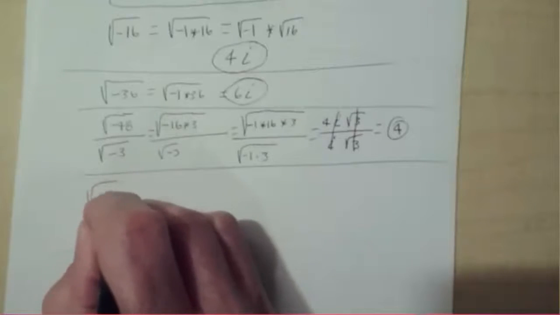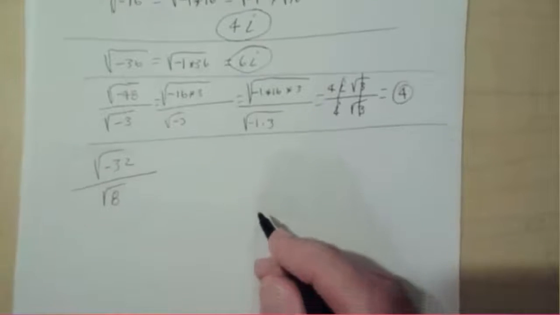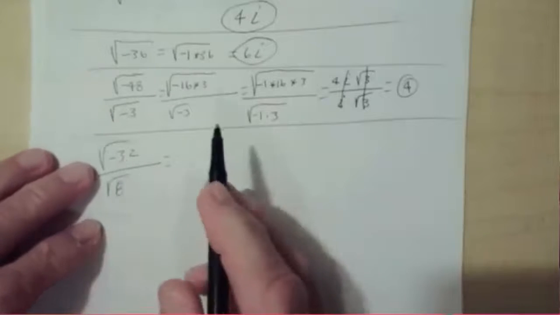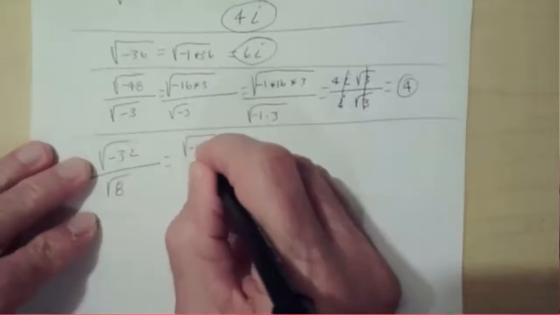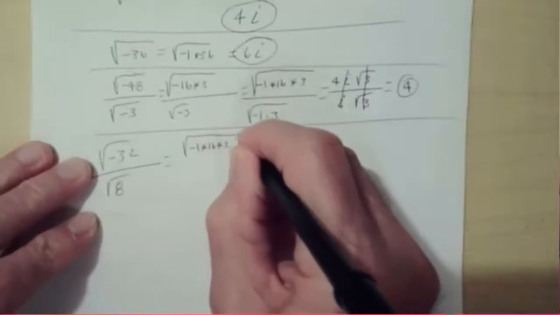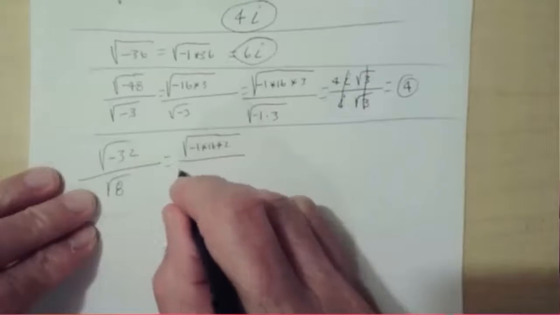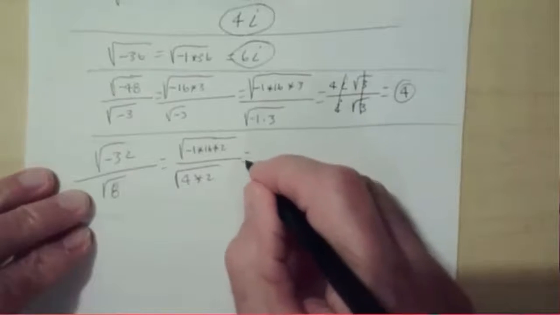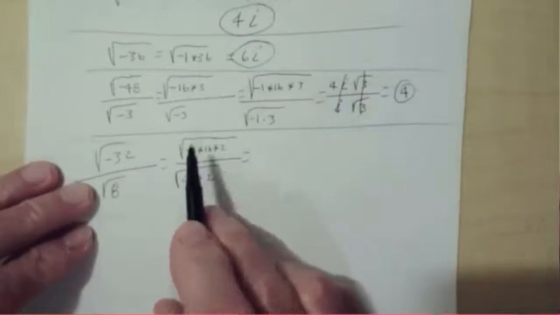Square root of negative 32 divided by the square root of 8. Okay, what are the factors of 32 where one is a perfect square? Negative 1 times 16 times 2, divided by the square root of 4 times 2. We know that the square root of negative 1 is i.